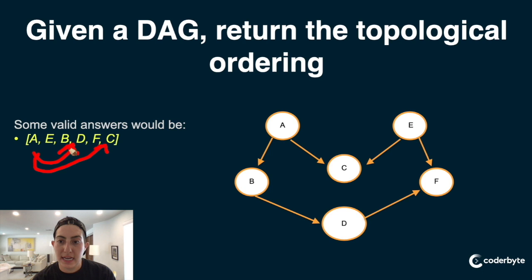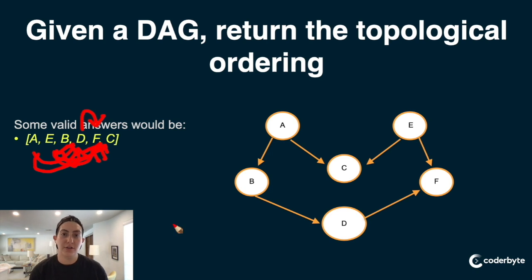Okay, so B has an adjacency to D. This is going to be a tough one to draw with this thick marker. D is going to have an adjacency to F. F has no adjacencies that it's pointing to, right? C has no adjacencies that it's pointing to. And then finally, E has the adjacencies C and also F, right? Now, obviously, this drawing is not clear at all, but you can see the direction of all the arrows, right?